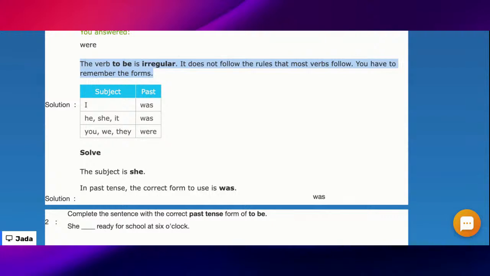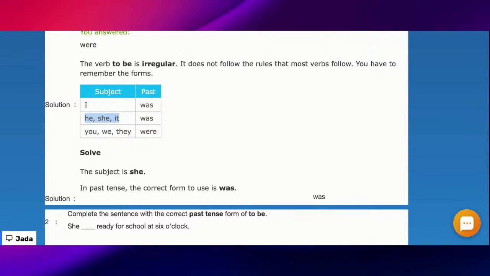Okay, so we have the subject and we have the past. For the subject I, we use was, and for the subject he, she, it, we will be using was as well.